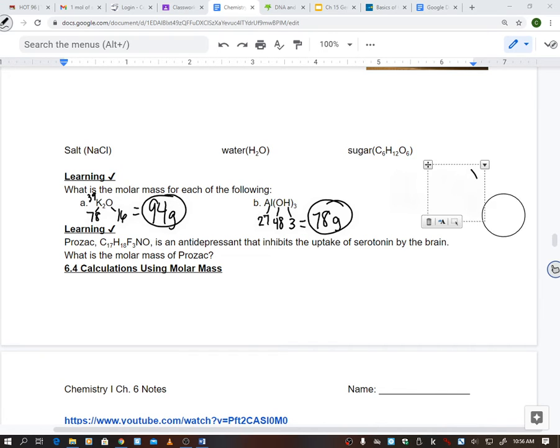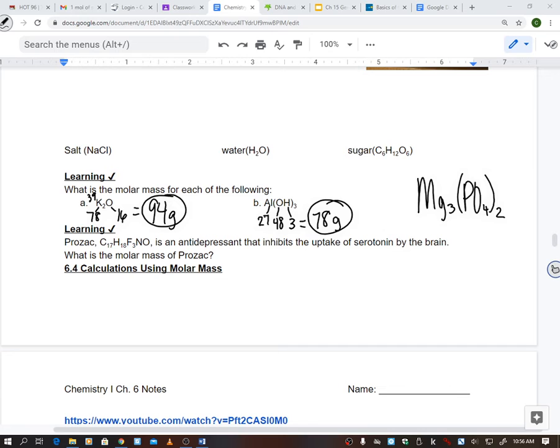Guys, I am messing this up, so I want something with a +2. So I'm going to do Mg, and I'm going to do PO4. So this would be Mg3, PO4, 2. There we go. I need to get my charges to crisscross.